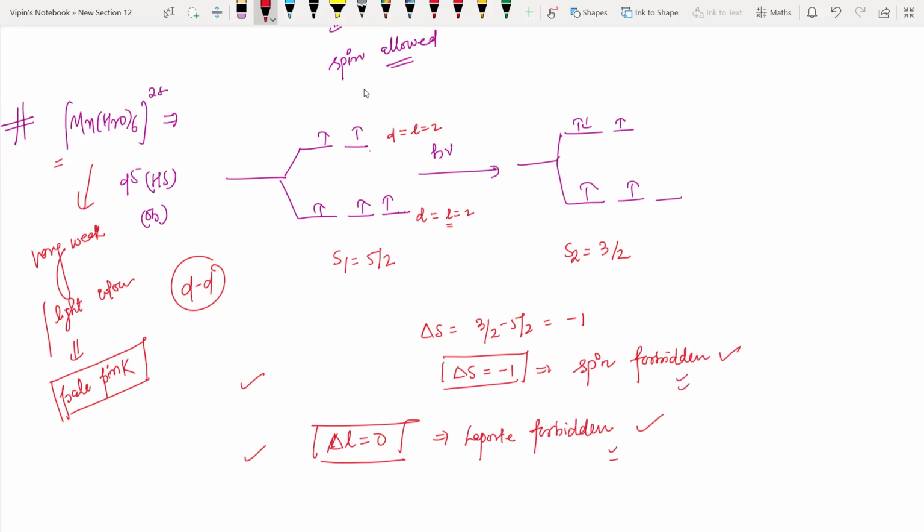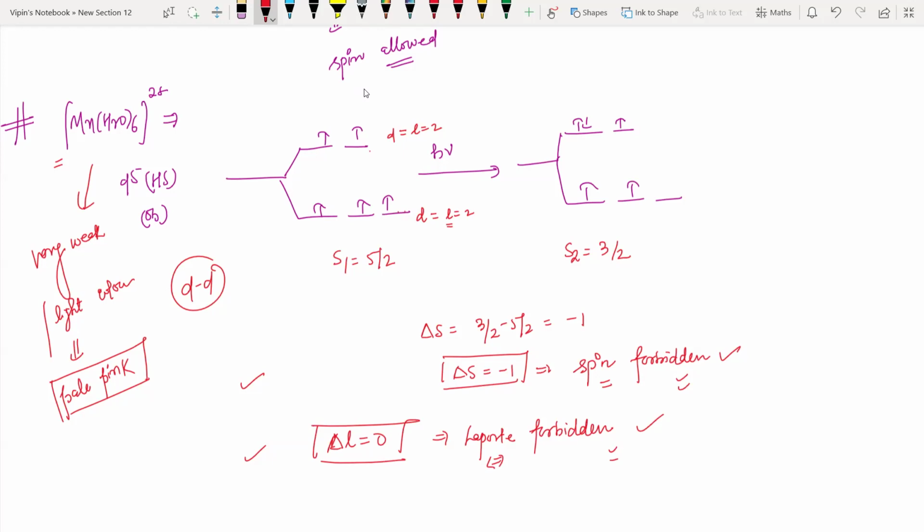So the very weak or light color of [Mn(H2O)6]2+ is because of relaxation in the spin selection rule or the Laporte selection rule. It means there are many complexes which obey neither rule, but they show a very small or very weak, light color.